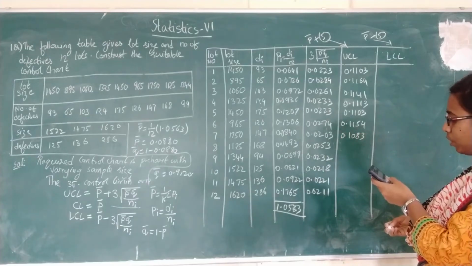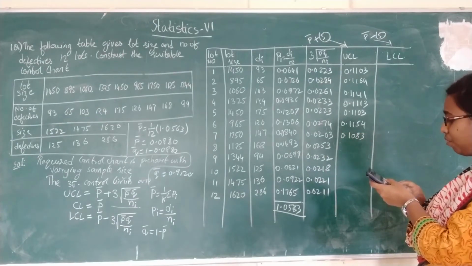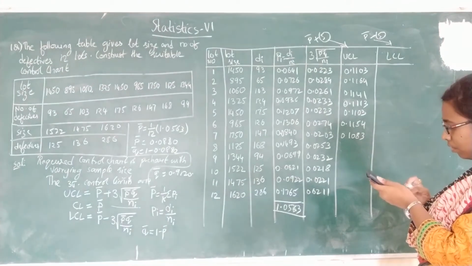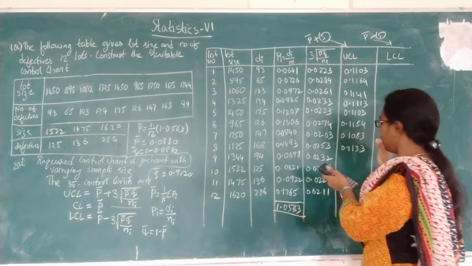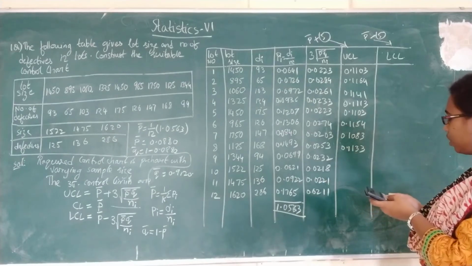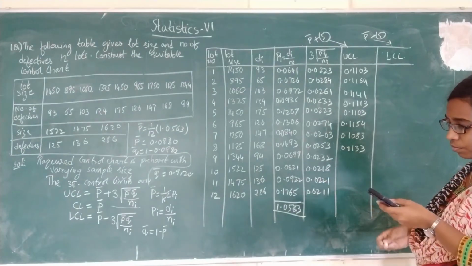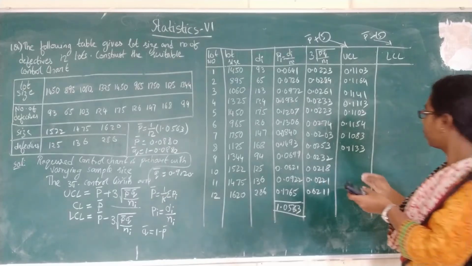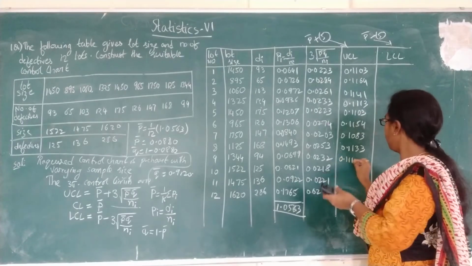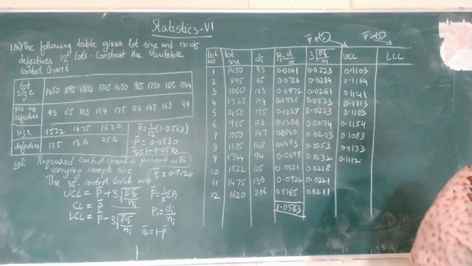Next is 0.0253, giving 0.1133, and next is 0.0232, you will get 0.1112, and similarly do the remaining also.